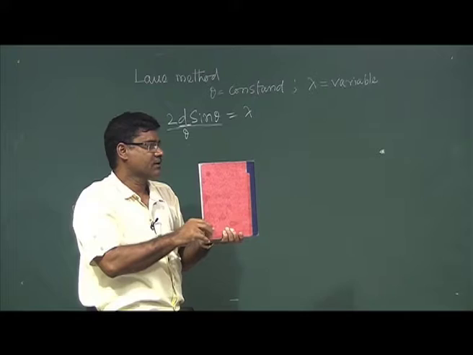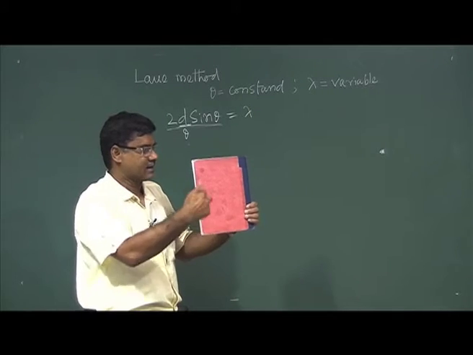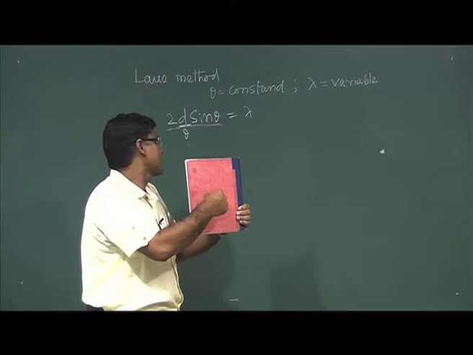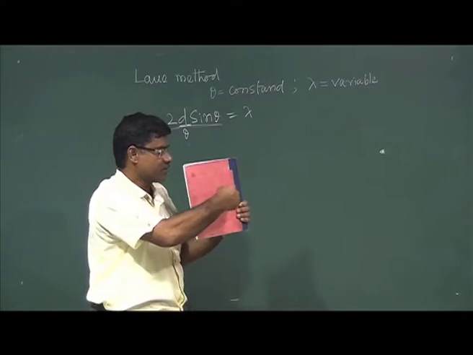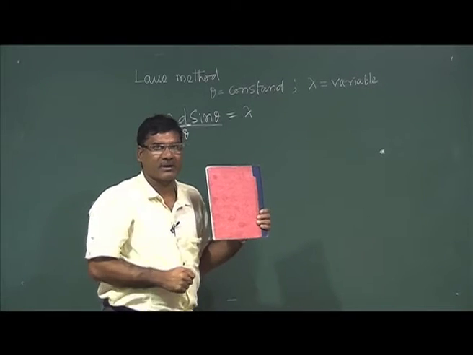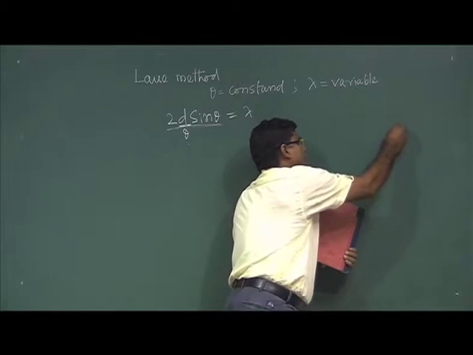For this 1 1 0 plane, whatever lambdas are there, the X-rays fall at some angle, and to satisfy this condition, with the suitable lambda it will be diffracted. So, we will get a reflection, and we will get one spot here, right.